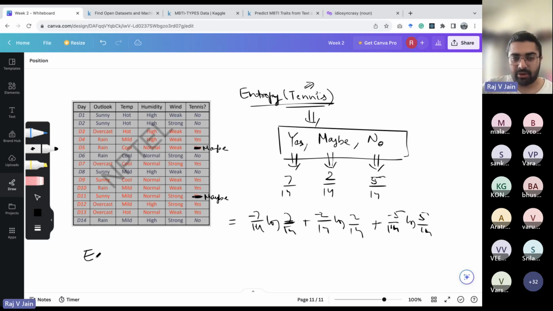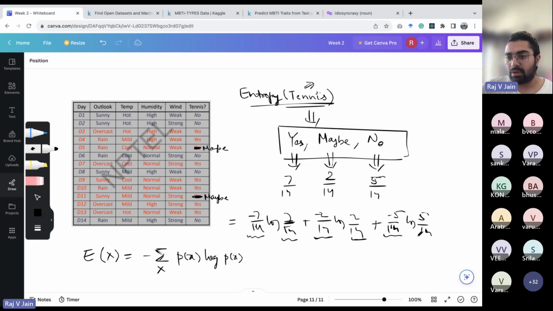That is how we define the entropy of any categorical variable, say entropy of x. We look at all possible values that x can take, then the probability of x taking that value into the log of that probability, with a negative sign in the beginning. So here the probability that tennis takes yes is 7 by 14 into that value, then maybe is 2 by 14, again into that value.